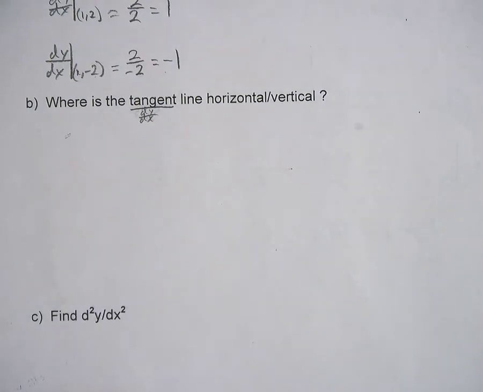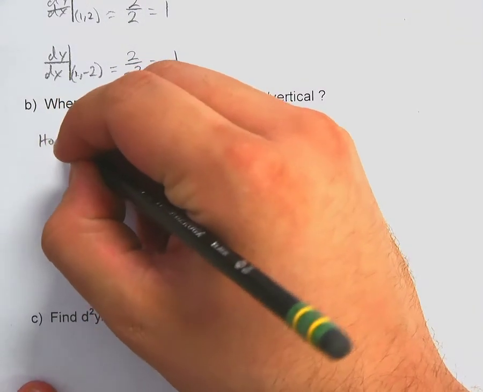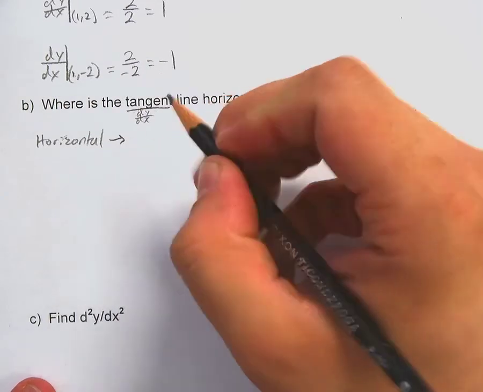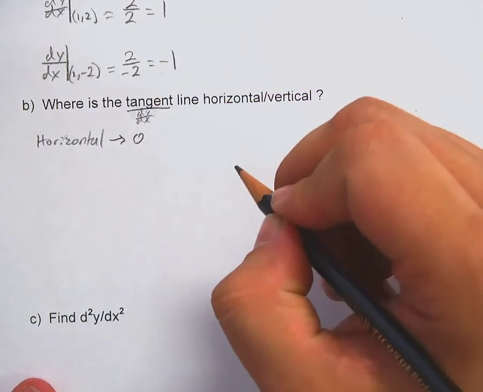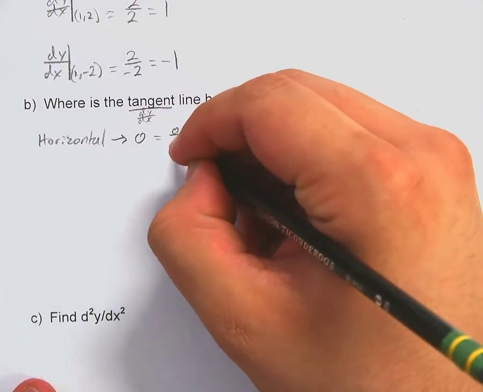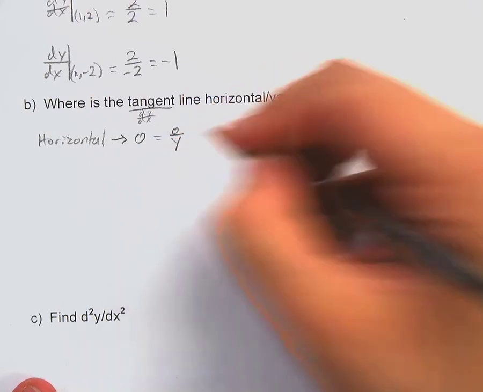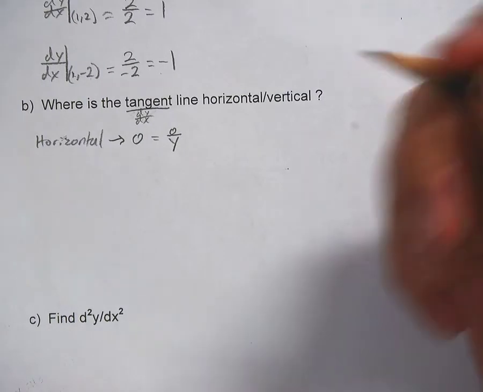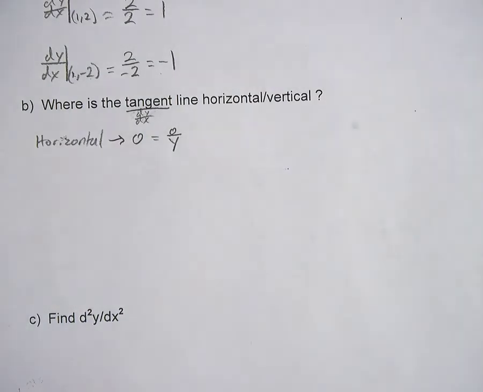For a horizontal slope, you need it to be equal to 0. You need a slope of 0, which fraction-wise is 0 over something, right? In this case, it's going to be y, so 0 over y.